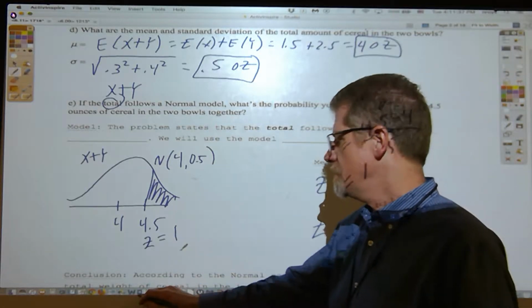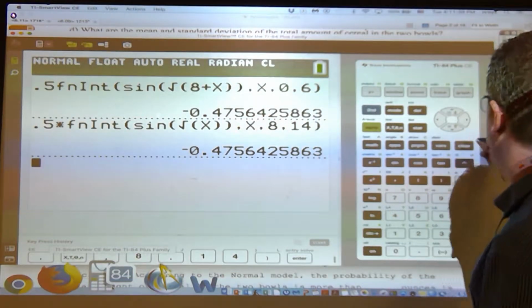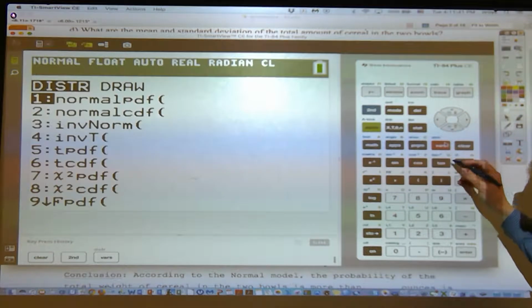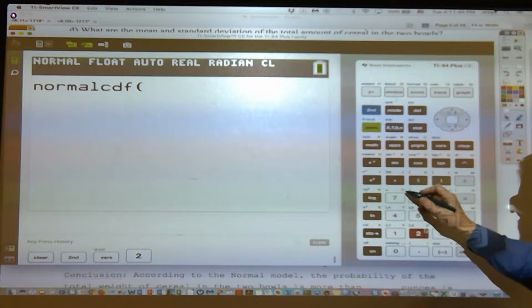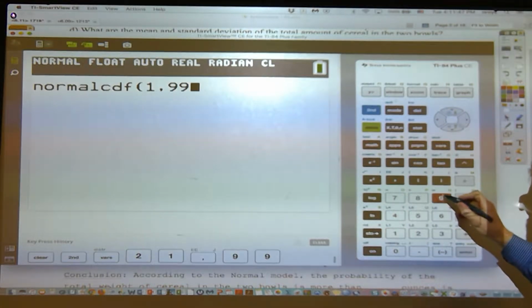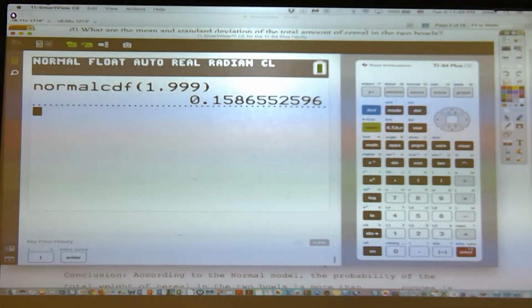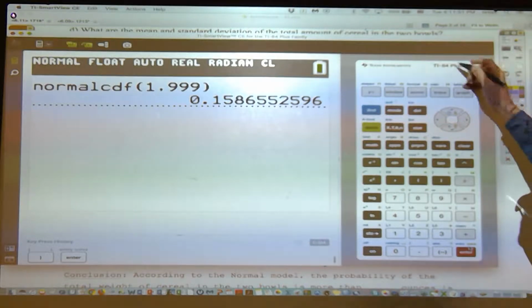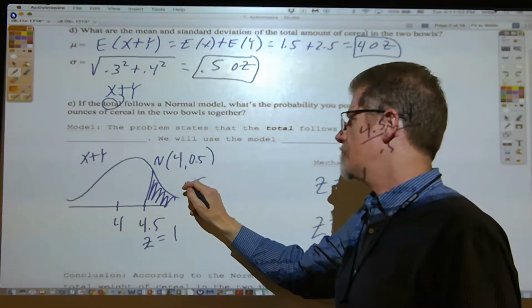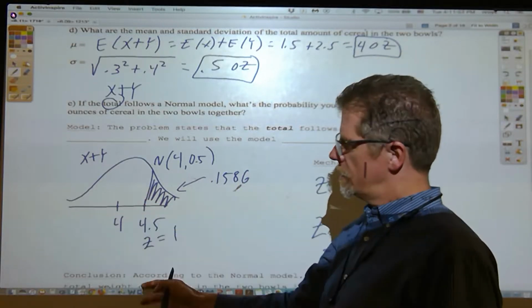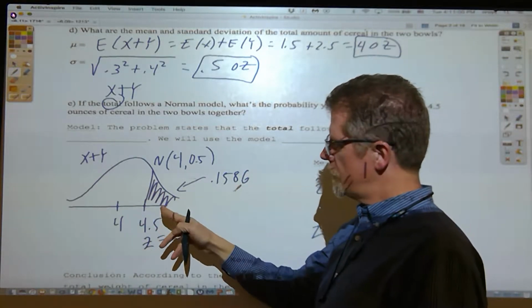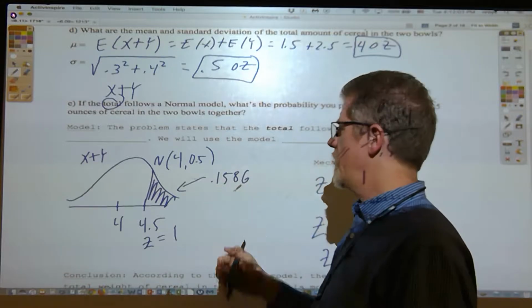And so we go to the calculator and do normal CDF from 1 to 999. So normal CDF of 1 comma 999. That should give us 0.1586. Arrow that in. Remember, there's 4 numbers, a center, a cutoff, a z-value for the cutoff, and this.